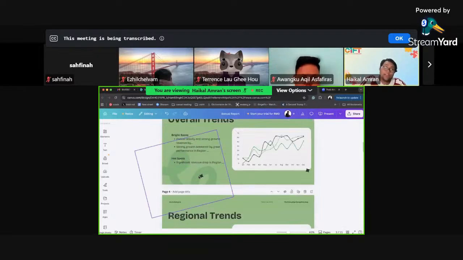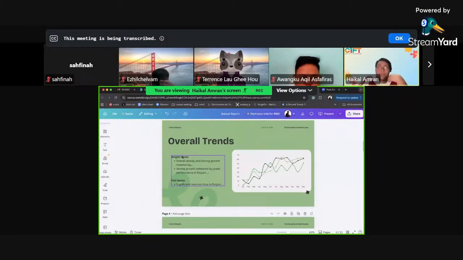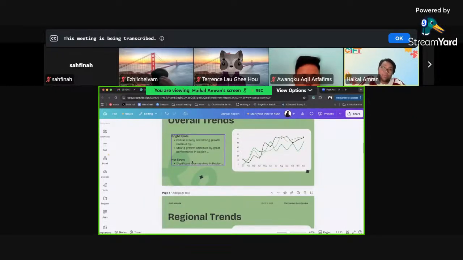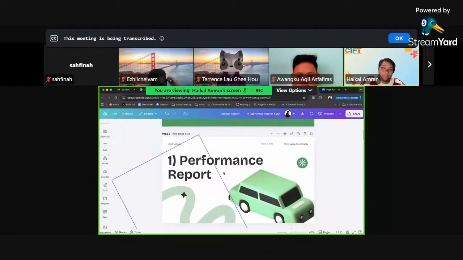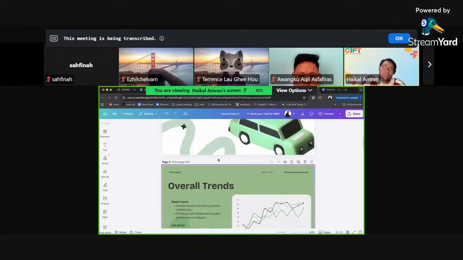And then the hotspots, you can maybe give one or two problematic parts. For example, there has been a revenue drop in East Coast. By the way, this is the performance report. This is not where you give the analysis, and not where you give the recommendation yet.